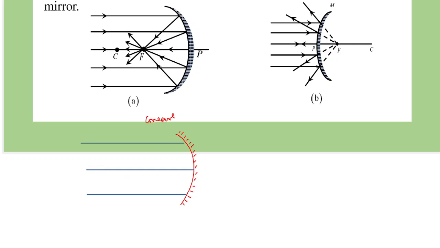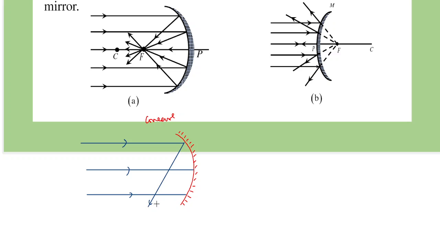These light rays, for example this light ray or this light ray, after reflection would reflect obeying the laws of reflection. And then if we draw it here, this light ray after reflecting will pass through a point like this.